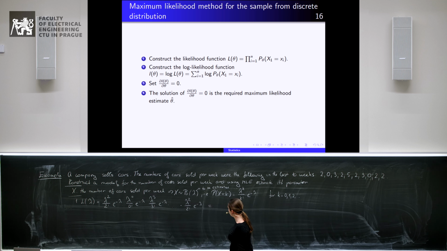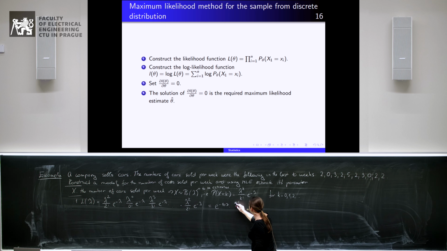So let's make it simpler. 10 times we have the member e powered by minus lambda. So it means that we have e powered by minus 10 lambda times lambda powered by 2 times lambda powered by 0 times and so on. We know that 5 observations are equal to 2.